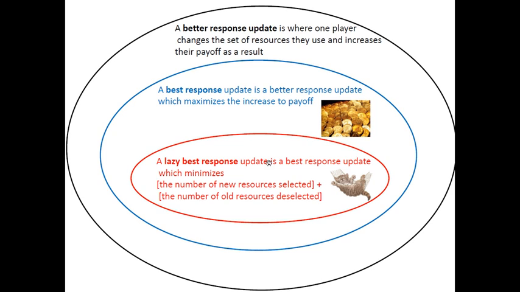And in those kind of cases, we have this kind of lazy best response idea, which gives us something like a tiebreaker. So we can use this idea to select one of the best response updates.